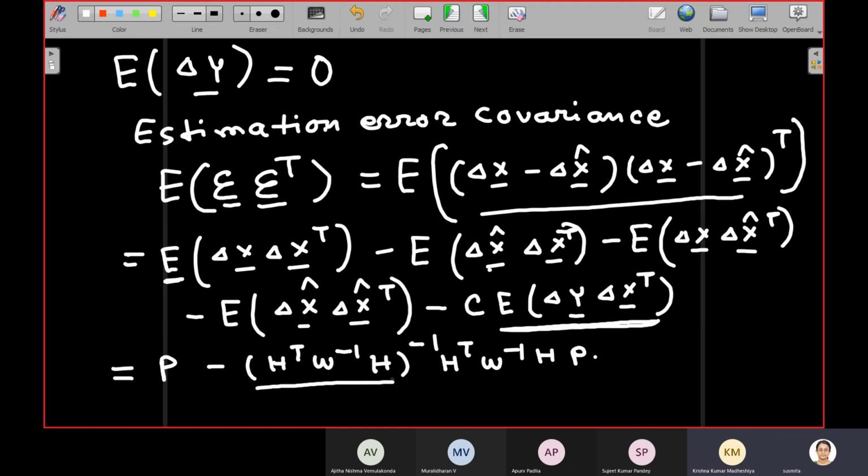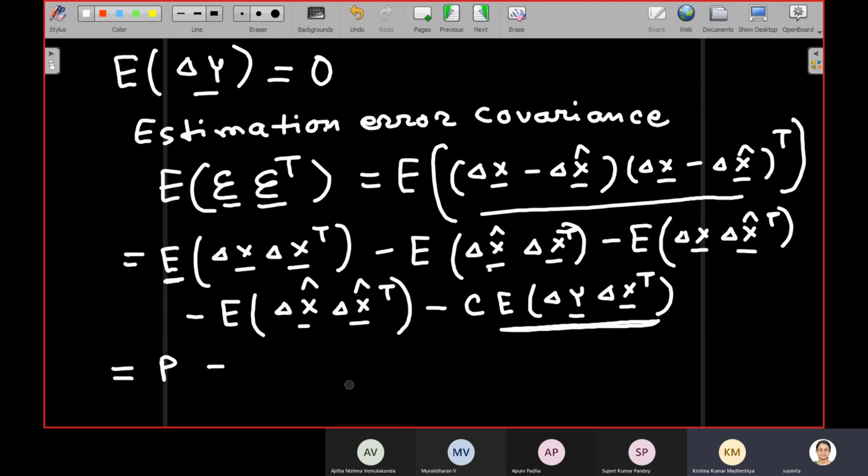We have H transpose W inverse H inverse, and the matrix itself is multiplied with its inverse. So we basically have P. I'm just removing the entire thing. All right. Do you understand why I removed the entire thing? I'm just writing P. Yes or no? Tell me quickly. Do you understand why I removed the entire thing and wrote P? Yes, ma'am.